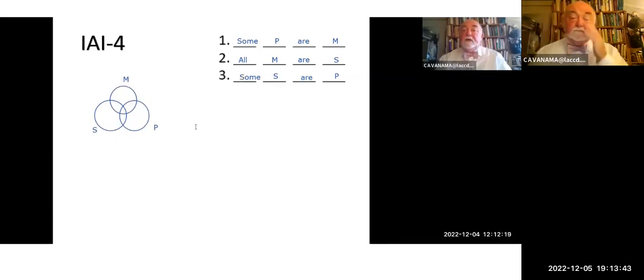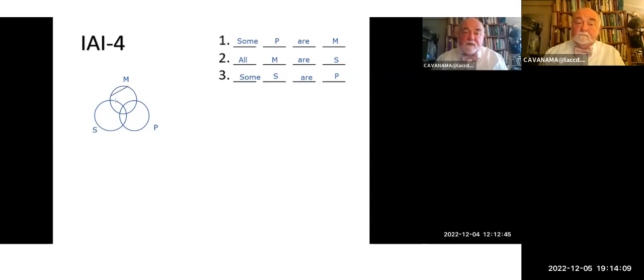Now, universals first. Well, there is one universal in one particular premise. But we're going to take the universal first. That's the M and the S. And what we're going to do is show that all M are S. So anything that's in the M circle is also in the S circle. Therefore, those bits of the M circle which are not S are empty.